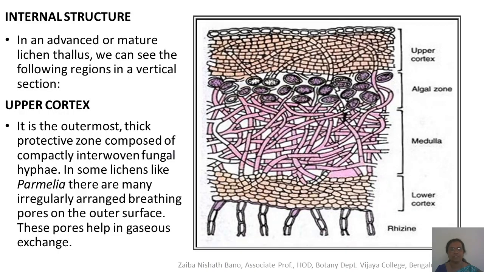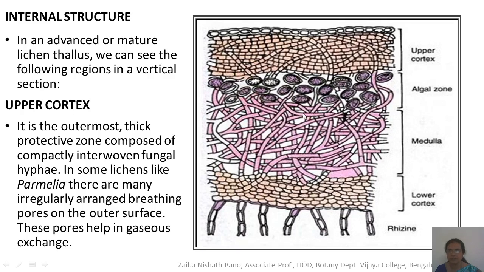Now let us come to the internal structure of the lichen thallus. You can see that the vertical section of an advanced or mature lichen thallus shows four distinct regions. What are those four distinct regions? You can see here an upper cortex. You can see an algal zone here, very clear and predominant.